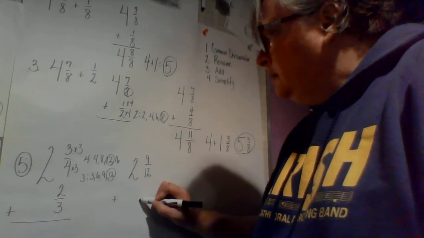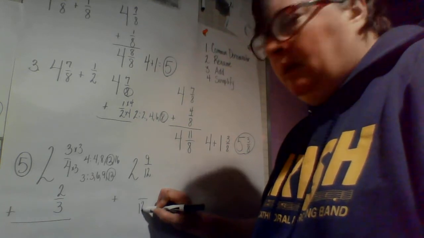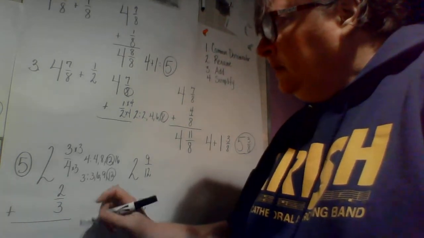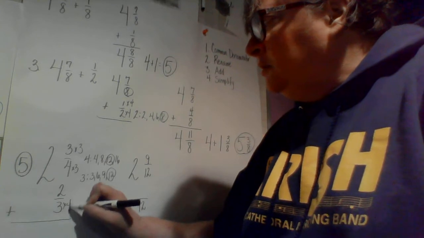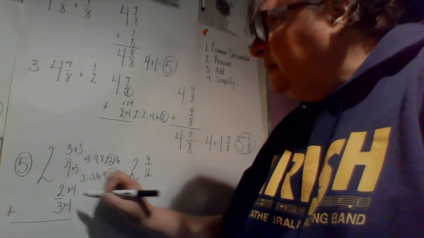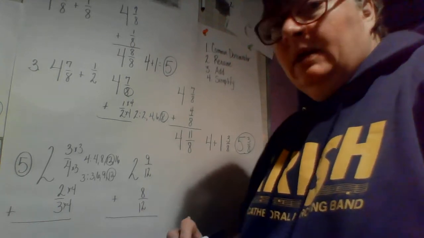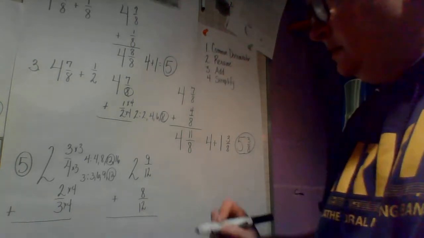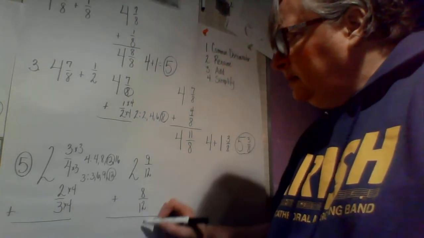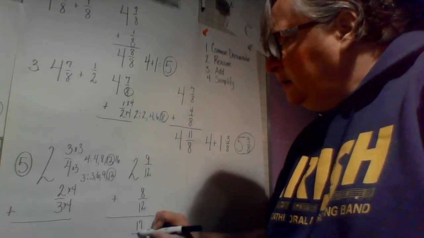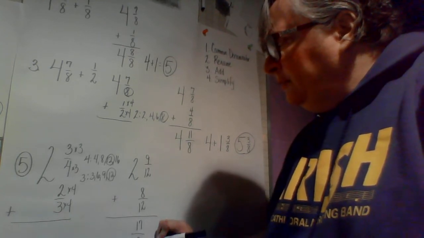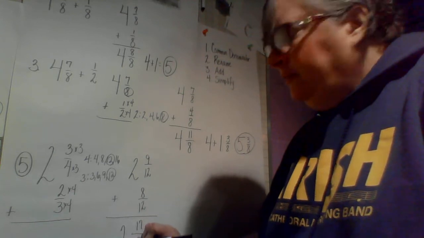Plus, we already know this denominator is 12. 3 times 4 is 12, so 2 times 4 is 8. 2 and 9 twelfths plus 8 twelfths. 9 plus 8 is 17. Keep our denominator. And 2.